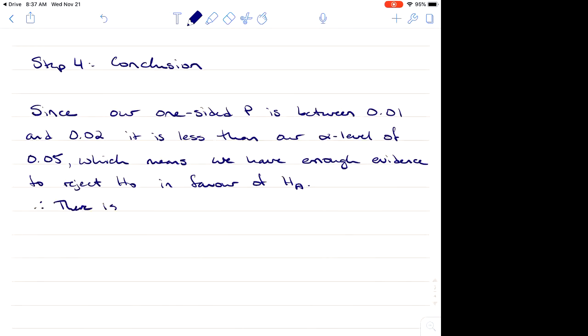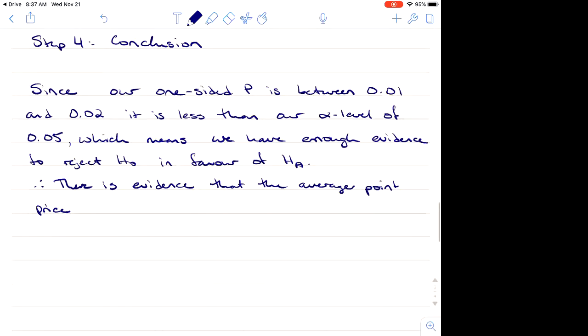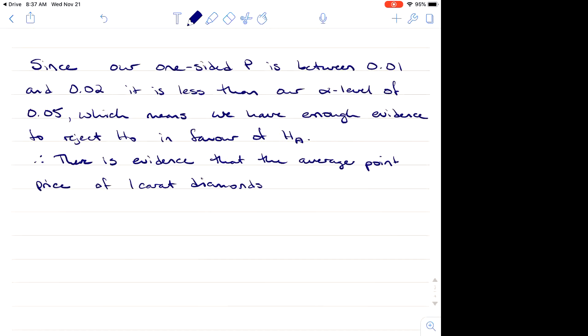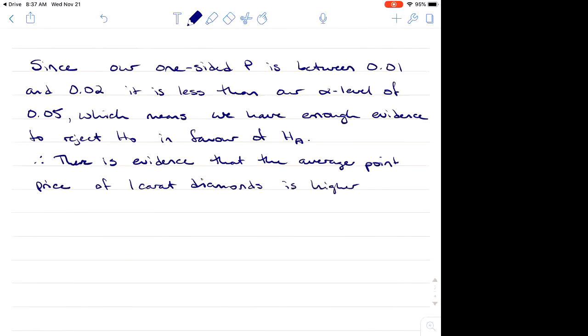Therefore, there is evidence that the average point price of 1 carat diamonds is higher than the average point price of 0.99 carat diamonds.